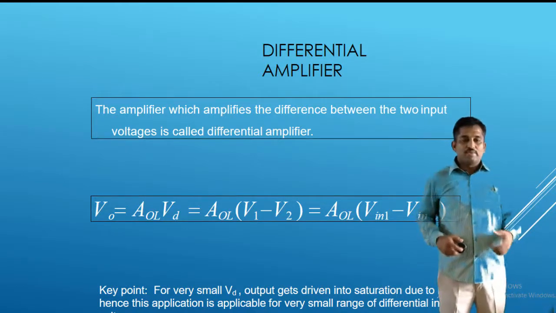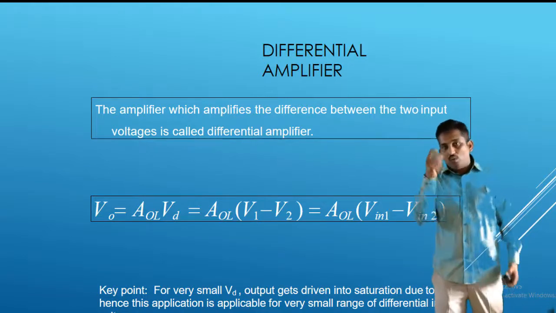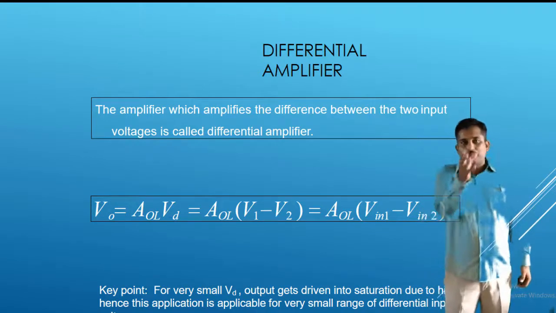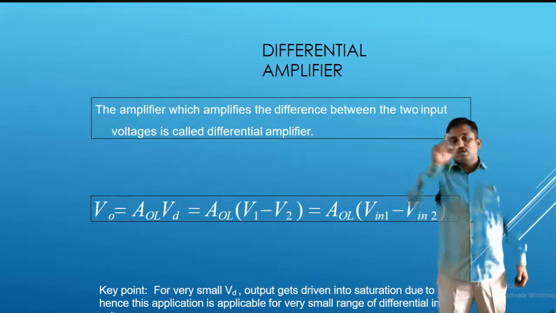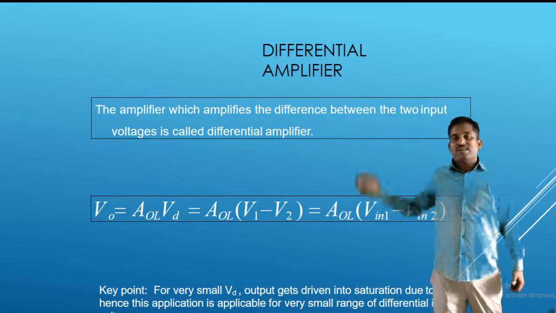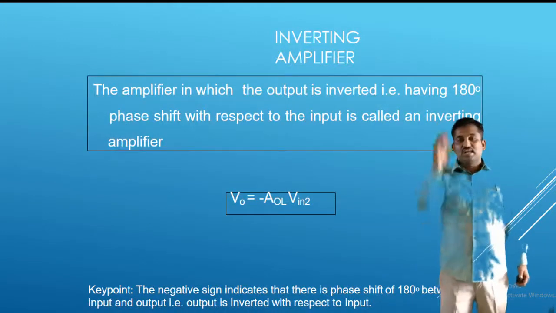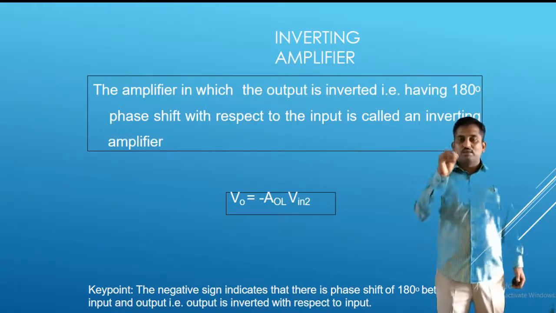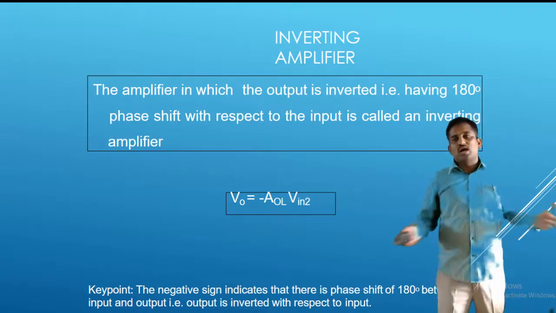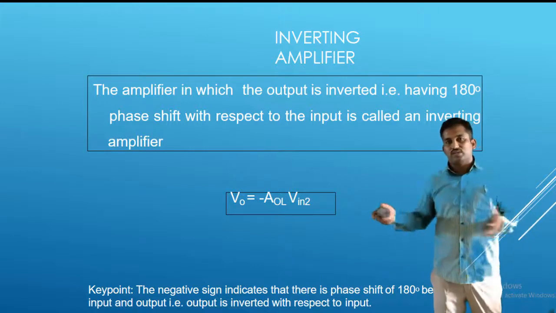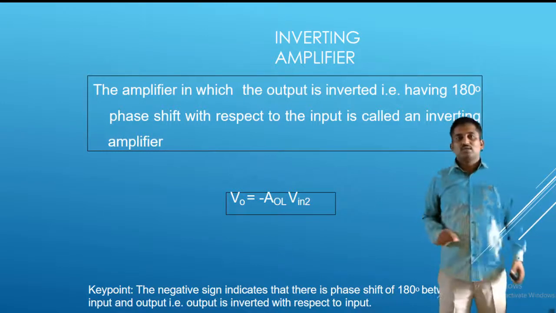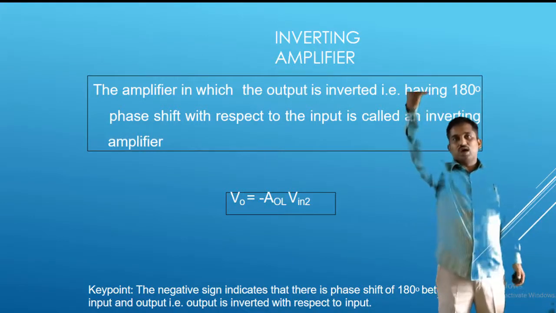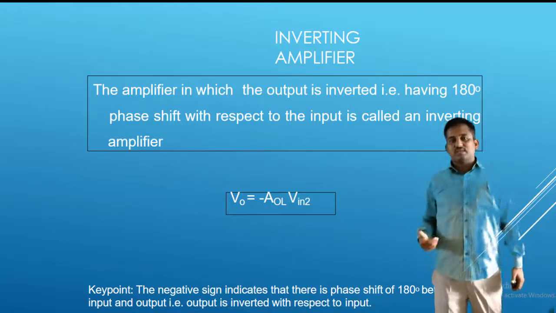Now coming to the inverting amplifier. How can we conclude this is an inverting amplifier? When the input is applied at any one of the input terminals, if you get the output with a 180 degrees phase shift with this input signal, then we conclude that the input is applied at the inverting terminal of an op-amp. So V0 is equal to AOL into (V1 minus V2). Generally while considering the VD value, it is always non-inverting terminal input minus inverting terminal input.